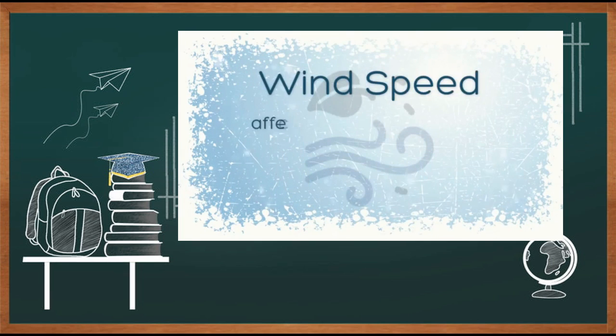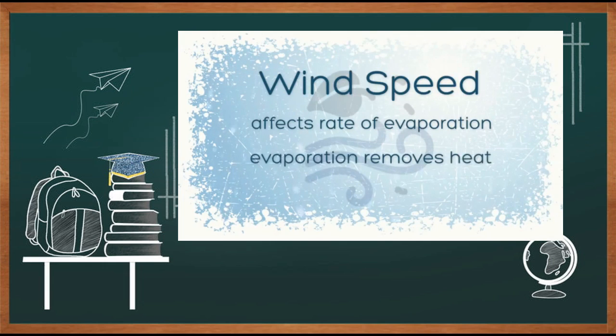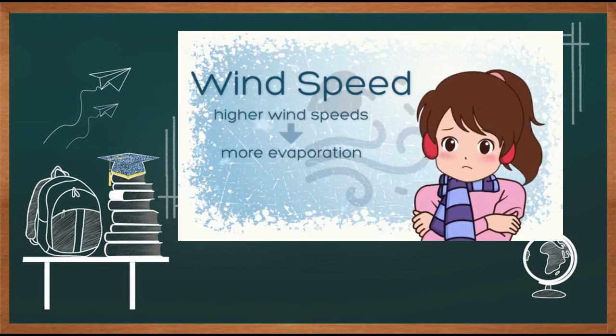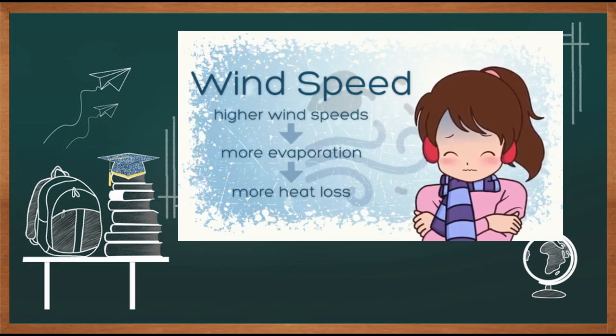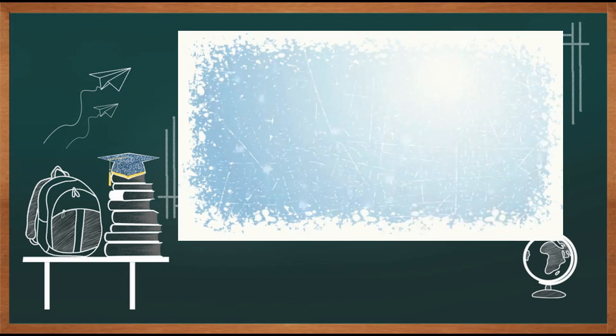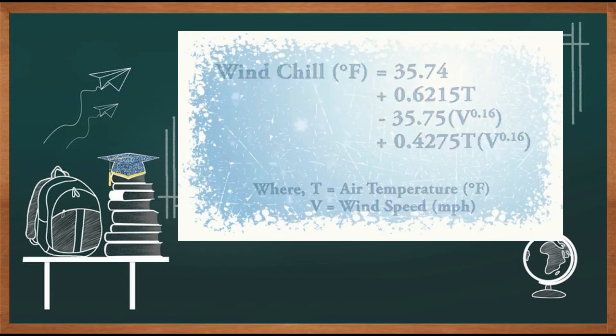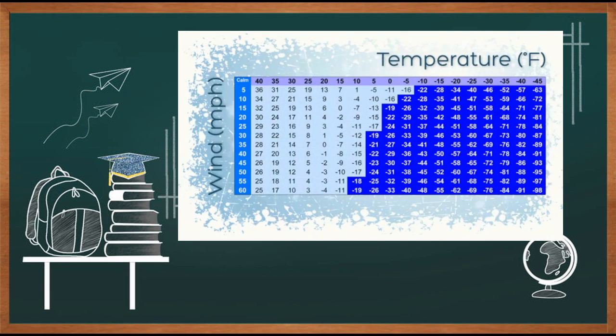Wind speed affects the rate of evaporation of moisture from exposed skin. Evaporation removes heat from the skin surface, which lowers body temperature. Higher wind speeds then mean more evaporation, which means more heat loss from the skin. A formula for this type of heat transfer has been devised along with a table to show this effect.